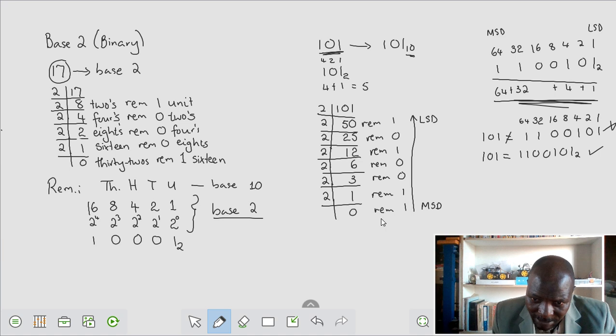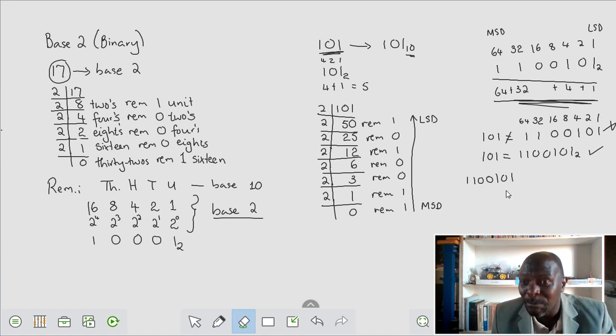But sometimes it's easier to just say I have the number 1100101, of course, with the little 2. If you don't include the little 2 and you say I must give you this number in base 10, I'll write it as it is, because that's what it is. If it doesn't have a little base, it is base 10.